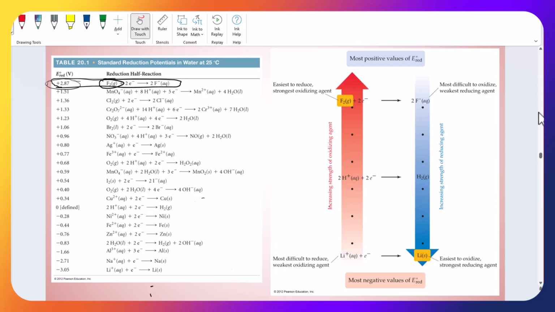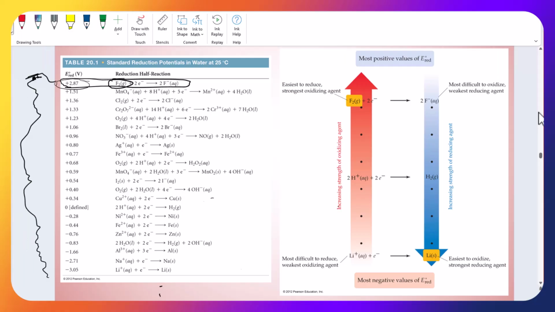So as you go up the standard reduction potentials, you get the easiest to reduce, which means they're the best oxidizing agent. The more easily reduced, the higher the standard reduction potential, the better the oxidizing agent. And going on the other side, you've got to look at the right-hand side, the product side of the standard reduction potentials.